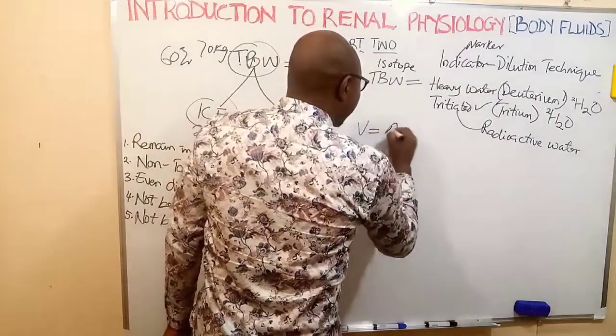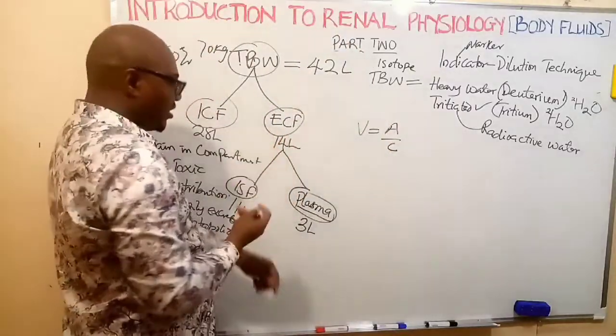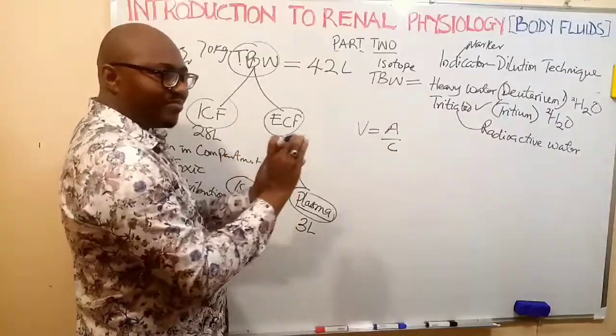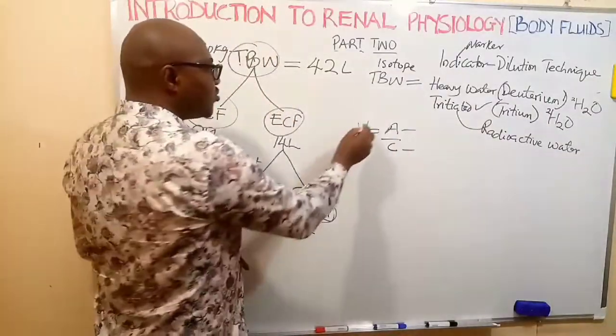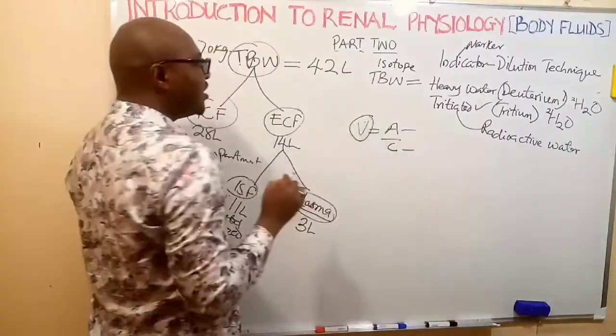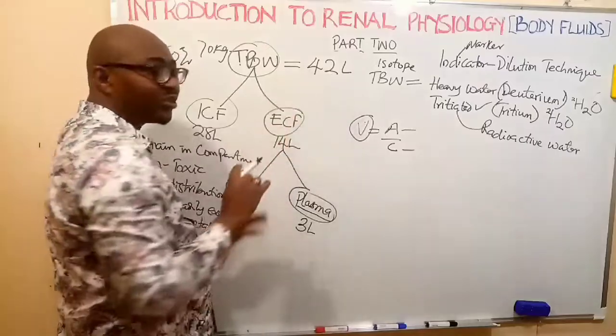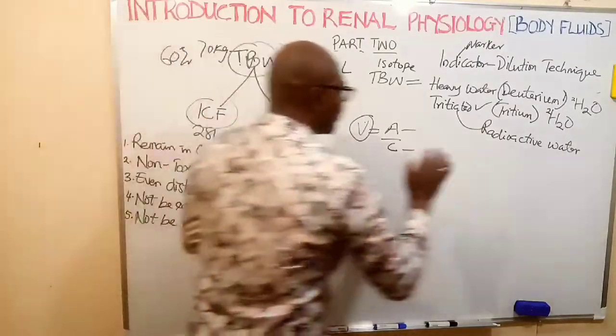Volume equals amount over concentration. The amount we introduce is known. Then when we withdraw, we measure the concentration. So this is known, this is known. Using this together, we'll now get the volume. So that's how 42 liters was gotten. Okay, so that is total body water.